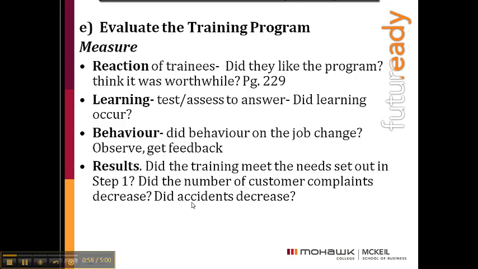If we can show people how to drive a forklift properly in a warehouse, right? If we noticed before we had a lot of forklift accidents, maybe after the health and safety training the number of accidents decreases. So you should have some metrics in place or some ways you can measure whether or not the training's been effective.